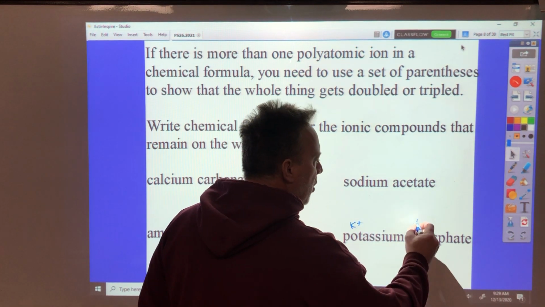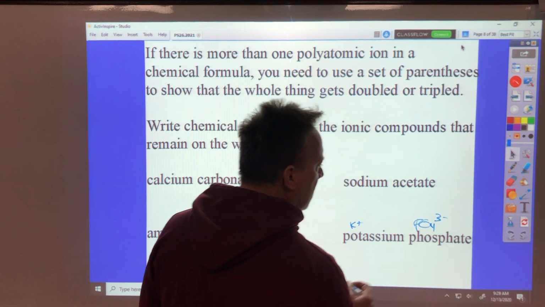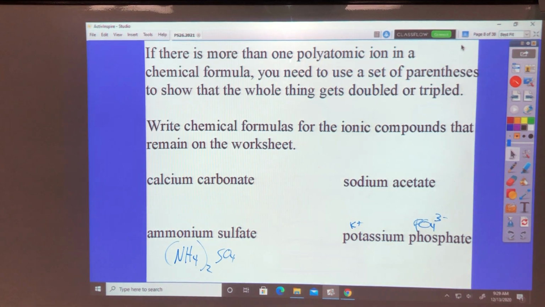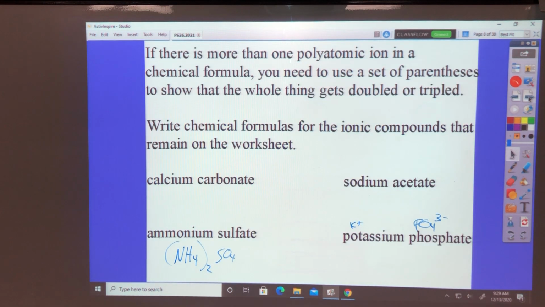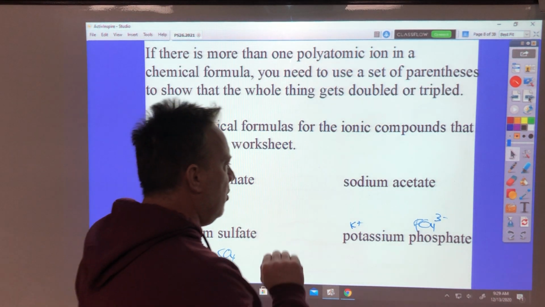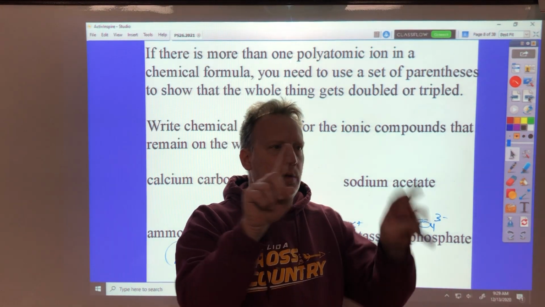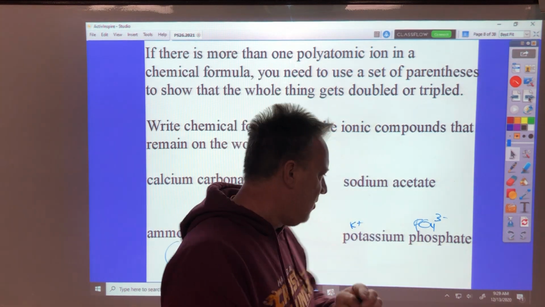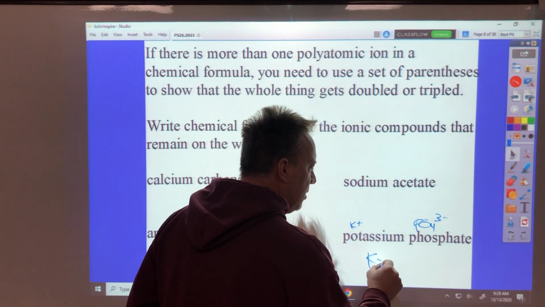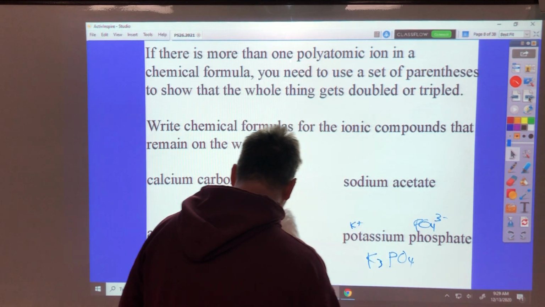Phosphate is PO4 3 minus. So going back here, phosphate is right there, PO4 3 minus. So I have it giving 1, took 3. Uh-oh, not a match. How do I fix that? I need more potassium. In fact, I need 3 potassium, so it's K3PO4.